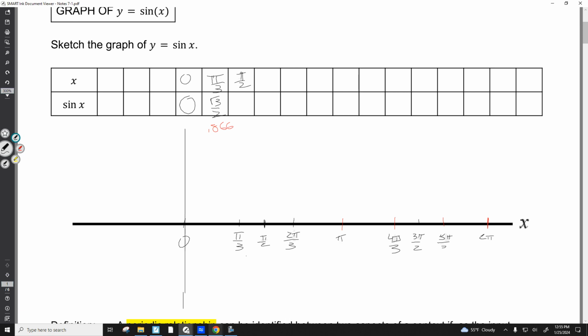Cool. All right. What's the sine of pi over 2? I need everybody to do this and not copy it down because it's very important. What is the sine of 2 pi over 3? Hey neighbors, what's the sine of 2 pi over 3? Figure it out or flip to the back where you already figured it out.